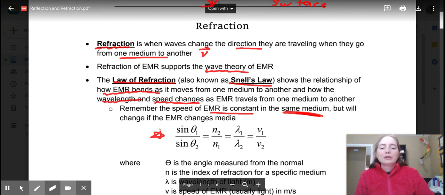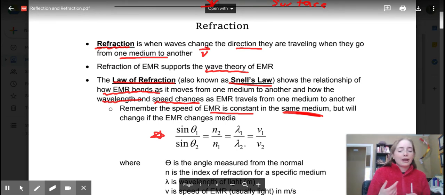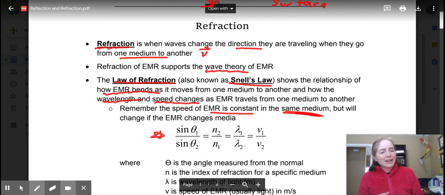Notice how we have three equal signs. That means you can pick and choose which items you need to compare. We can compare the sines of the thetas, the index of refraction, sine and speed, wavelength and speed, or index of refraction and speed. It doesn't matter. Pick two entities, and those are the ones you're going to compare.